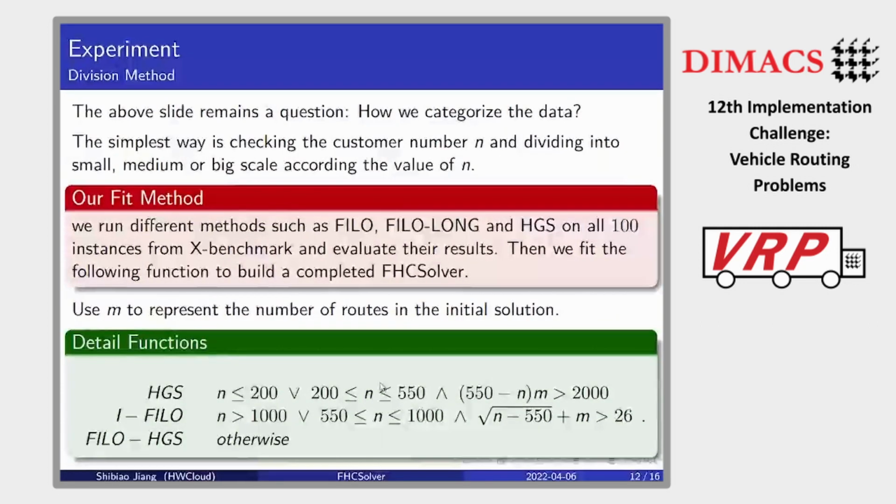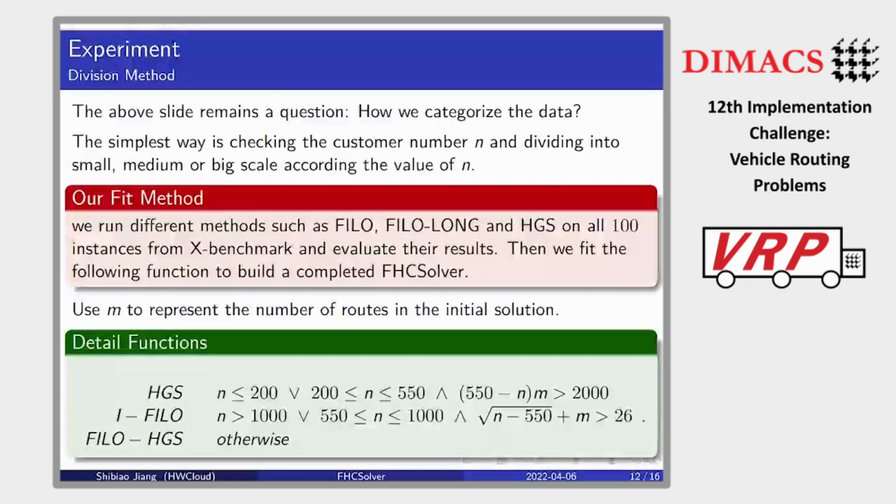And the above slide leaves a question: how do we categorize the data? The simplest way is to check the value of the customer number n, and we can just divide them into small, medium, or big. But we use a more complex method.